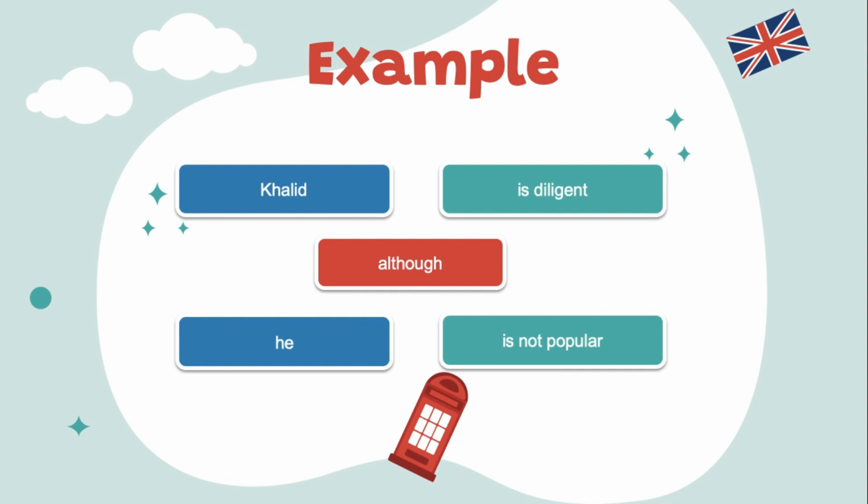The sentence says, Khalid is diligent, although he is not popular. So this is how we can construct a complete sentence by constructing two clauses, dependent and independent, linked by the subordinating conjunction, although.